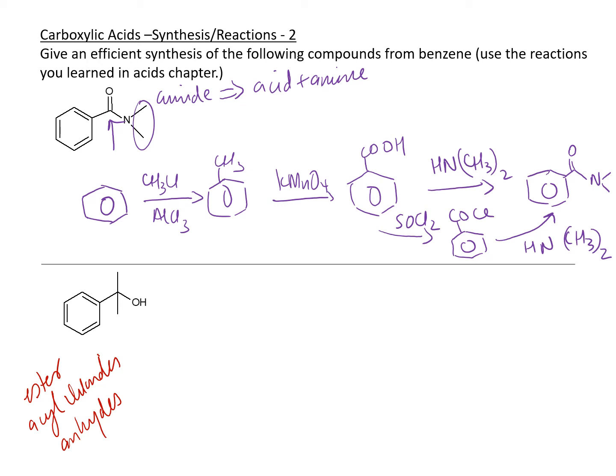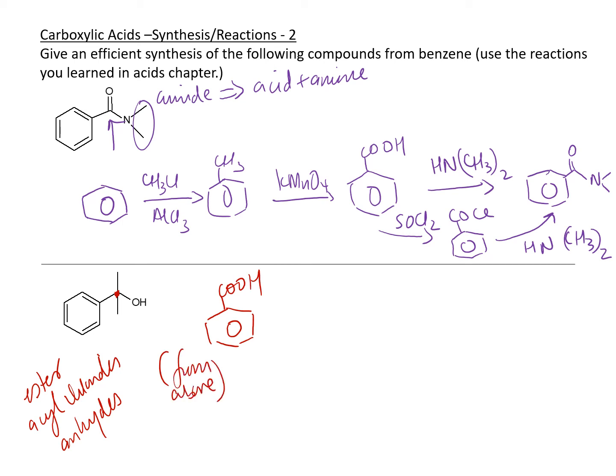Looking at what we have here, we have a carbon right here that could be coming from the carboxylic acid, which means we need benzoic acid to begin with. In that case, I'll direct you to the top synthesis that we have done, so we don't need to repeat that. We have the benzoic acid made already from above.